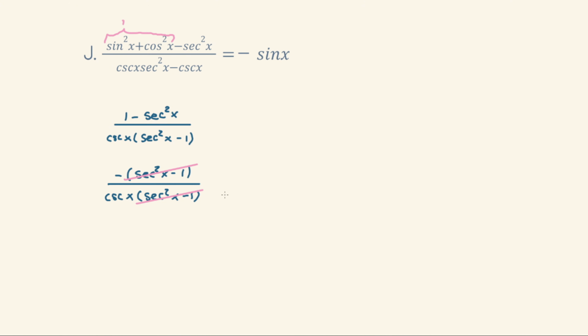So we have on top here, we've got minus 1 divided by cosecant x. But what is cosecant x? Well, let me write that cosecant x is equal to 1 over sine x, right? So instead of cosecant x in the denominator, we can write this as minus 1 divided by 1 over sine x.